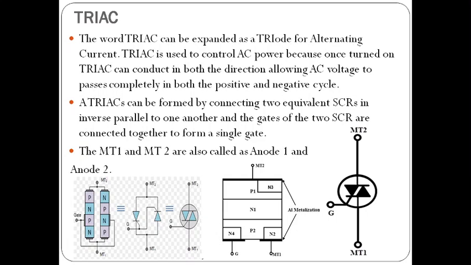In the two SCRs, the two gates of the two SCRs are connected, the terminal named as gate, and anode and cathode of each SCR is connected, and the terminal named as one is MT1, another one is MT2. Otherwise, we can say it is anode 1 and anode 2.